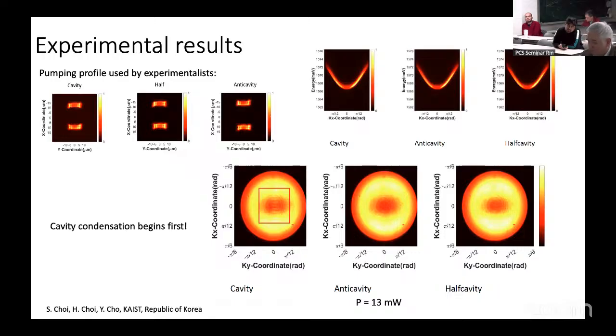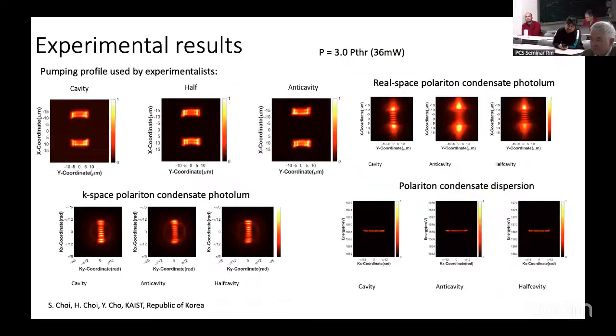There is some misunderstanding, because there is a structure. There is a cavity in the structure, which is formed by distributed Bragg reflectors and so on. But this cavity is formed by the laser pump. I see. Yeah, and they form the potential and feed the polaritons.